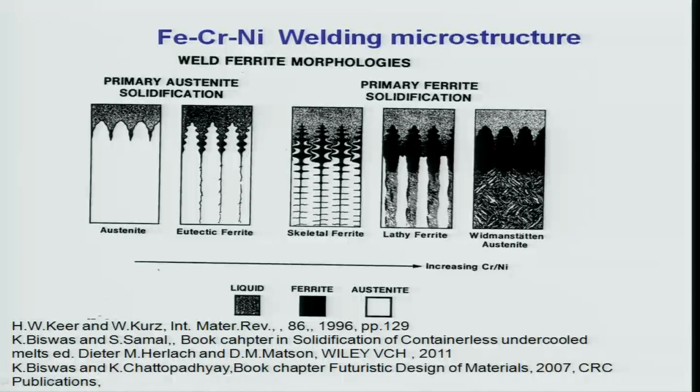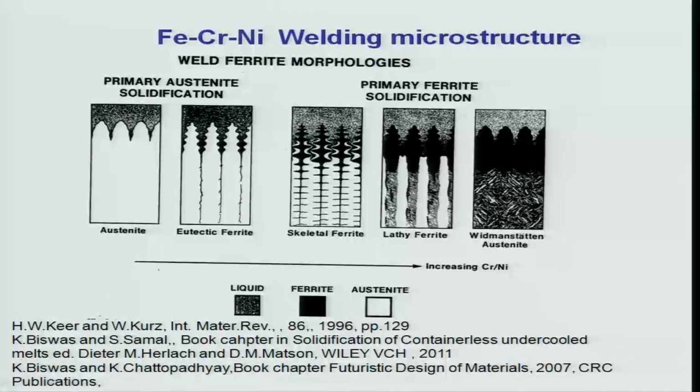Now the last one I want to show you is the case of welding of stainless steel, iron, chromium, nickel, which is a classical problem. As you know, this is a ternary alloy. We have not discussed ternary phase diagrams, but just to excite you, or to let you know that these things can be extended from binary to quaternary systems, I want to show you.